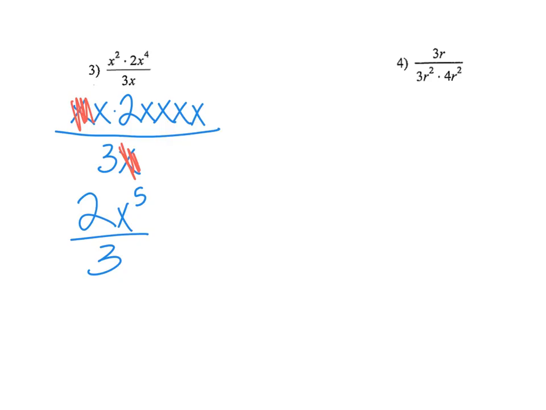On number 4, right away, I noticed that 3 over 3 are the same numbers and they can cancel. So do that right now. Cross out the 3 on top, 3 on bottom. R on top, r squared times 4, r squared.